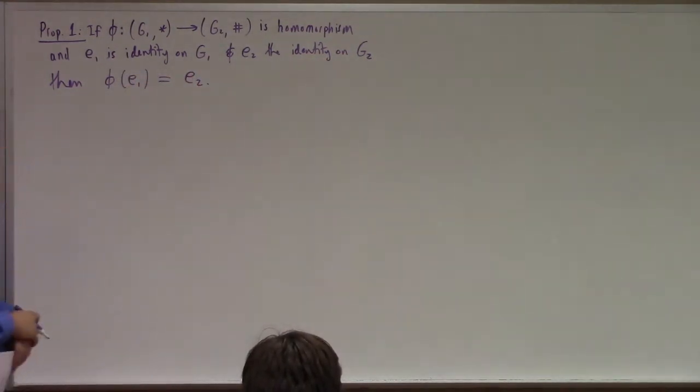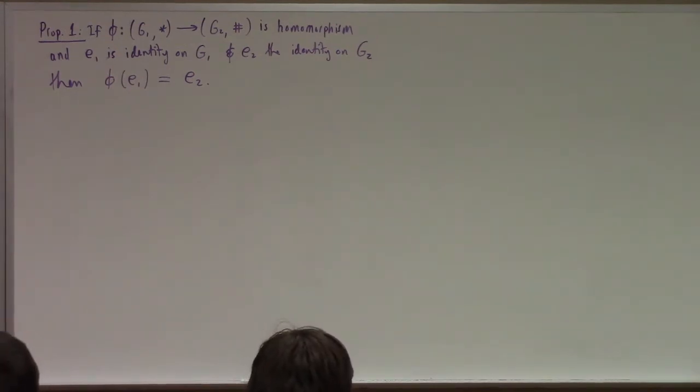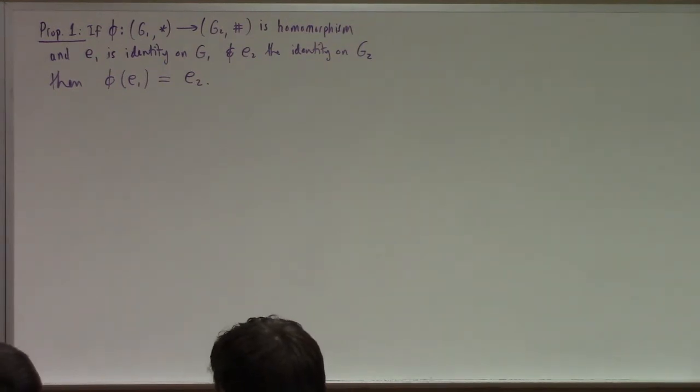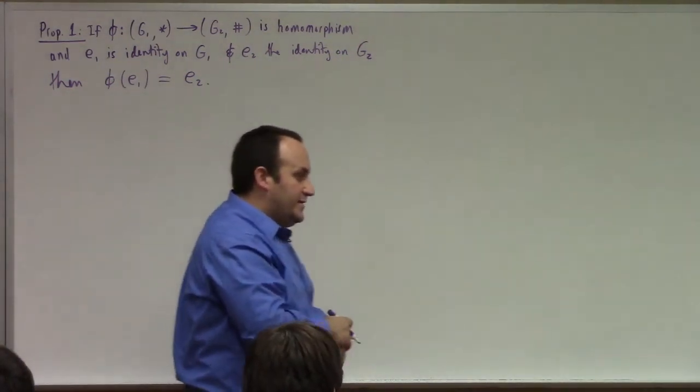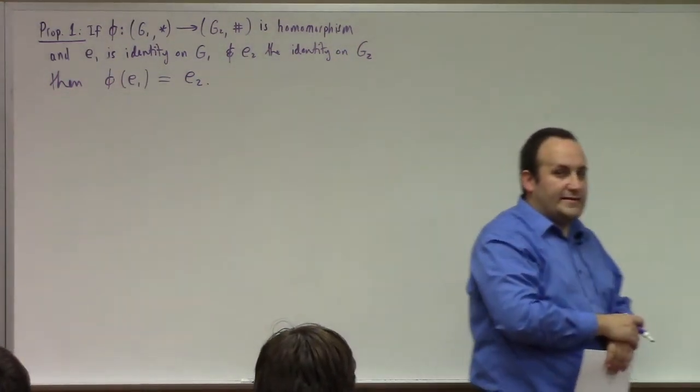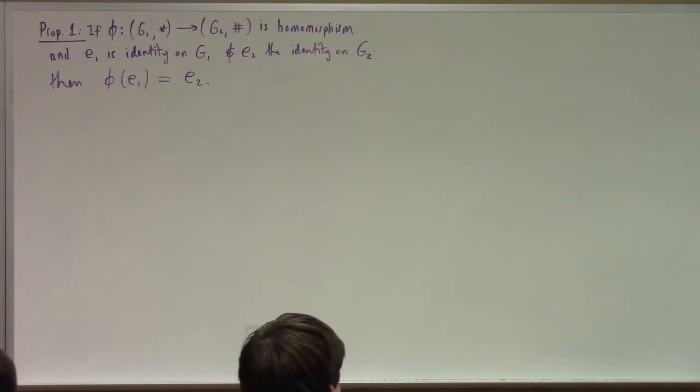In other words, this should not be terribly surprising. Remember for linear transformations, we have T of 0 is equal to 0. So I'm saying that that keeps happening even when we're dealing with additive identities, multiplicative identities, identities with respect to composition, or identities with respect to all kinds of wacky, weird group operations that we don't have names for.